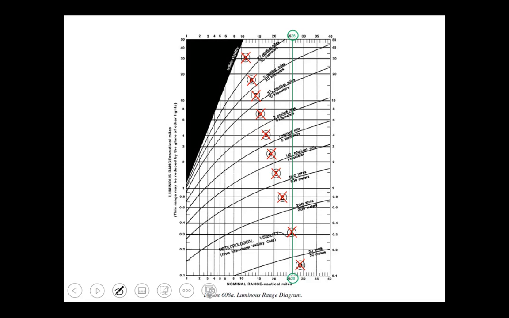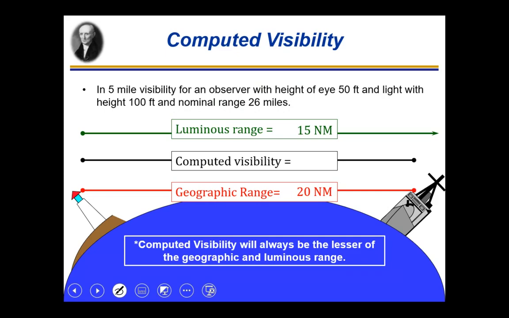Again, there is no 5 nautical mile standard visibility curve on this diagram, so we're going to have to estimate that. It'll be just below that 5.5 nautical mile curve, right around there. And then where that curve intersects the nominal range vertical line, we're going to place a dot, and then we're going to read that value out on the y-axis by drawing a horizontal line. In this case, we've determined luminous range is 15 nautical miles.